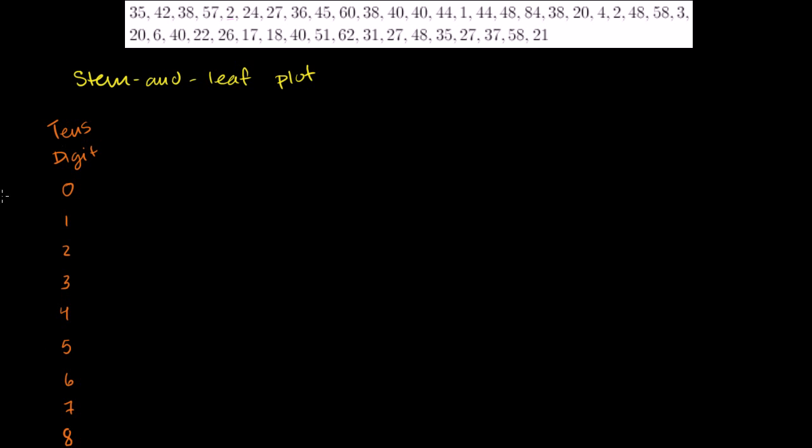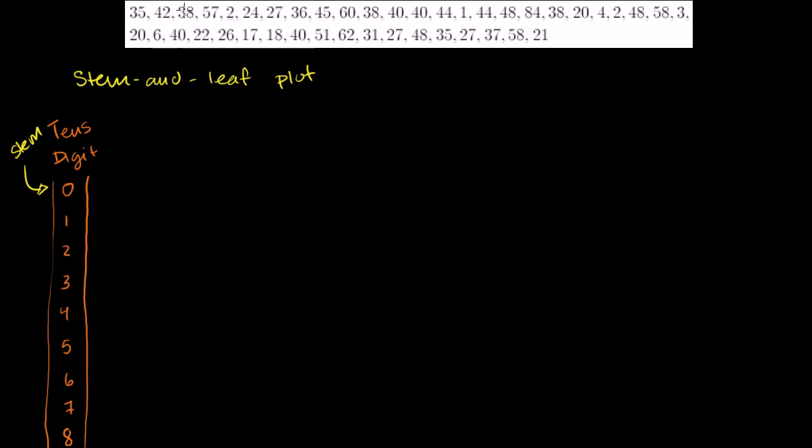These digits will represent our stem. So I'm going to draw this little line around here. That right there is our stem in the stem and leaf plot. For a number like 1, the tens digit is 0. You could imagine it is 01. For a number like 84, the tens digit is obviously 8.